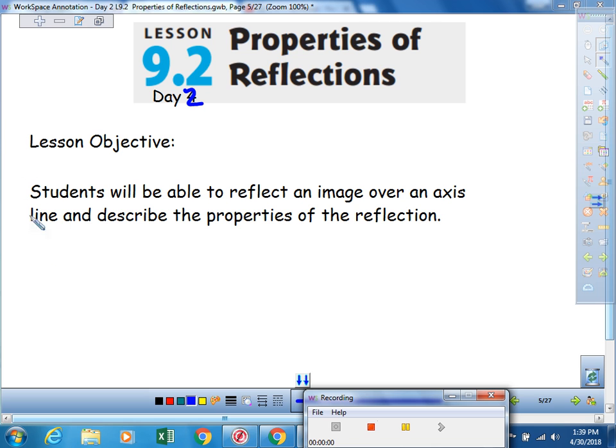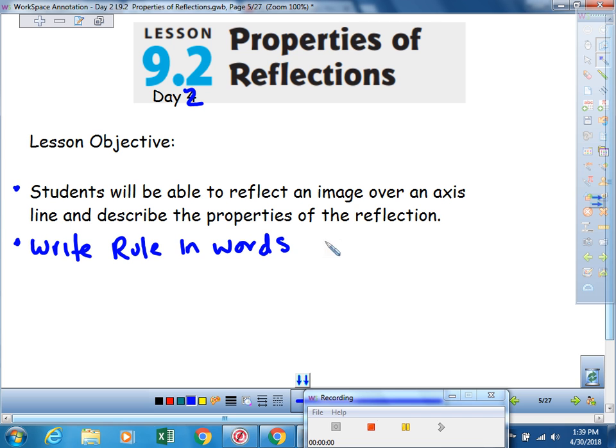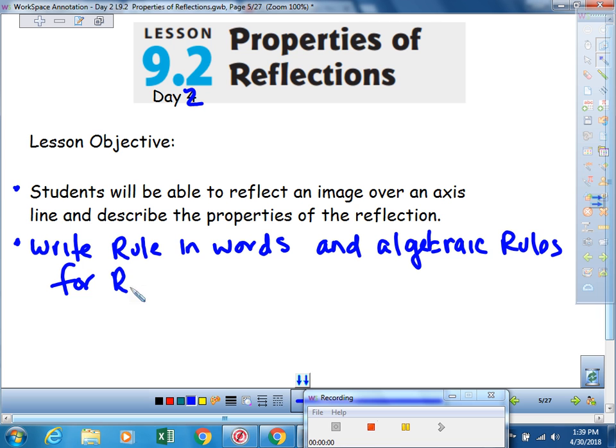We also are going to write the rule in words and algebraic rule for reflection. So those are the two things we're going to be doing.